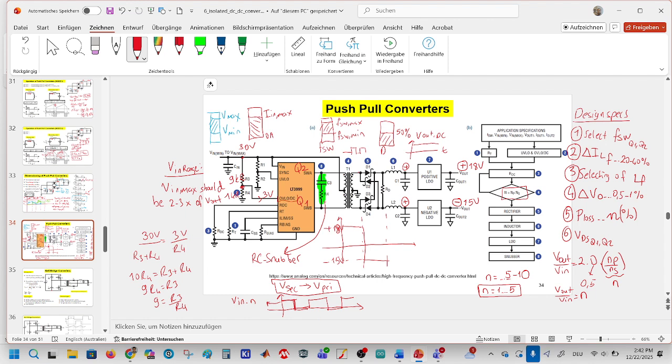What this pin does is actually monitor the input voltage, and if it's more than 3 volts, for example, the switches are turned off.